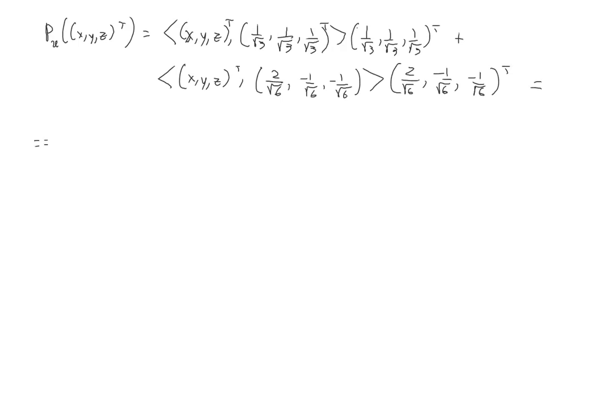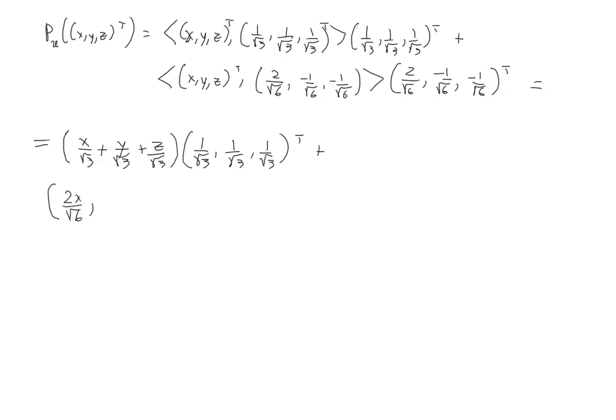So the first inner product will be x over square root of 3 plus y over square root of 3 plus z over square root of 3, times 1 over square root of 3, 1 over square root of 3, 1 over square root of 3, plus 2x over square root of 6 minus y over square root of 6 minus z over square root of 6. The inner product is a number, of course, times the vector 2 over square root of 6, negative 1 over square root of 6, negative 1 over square root of 6.